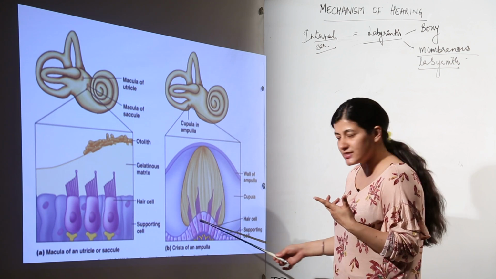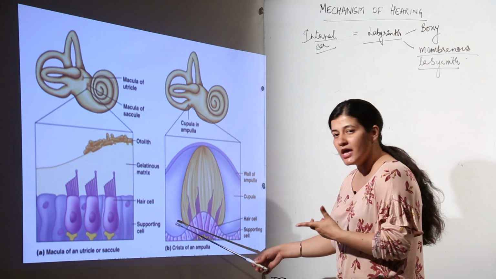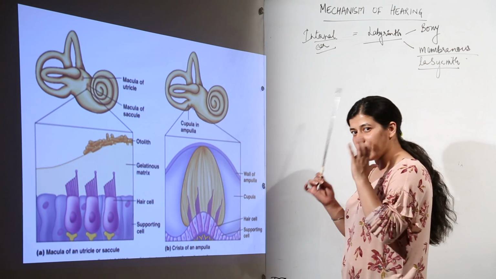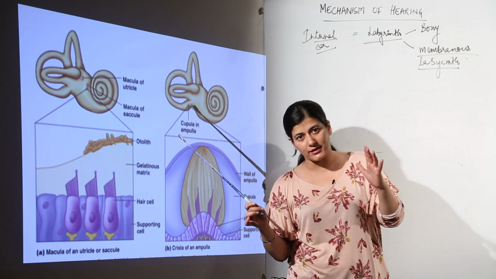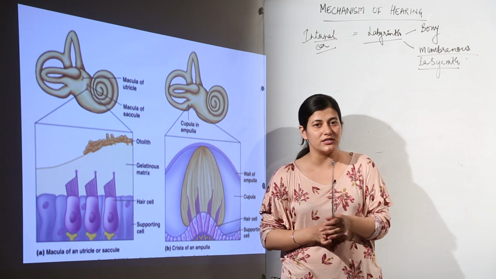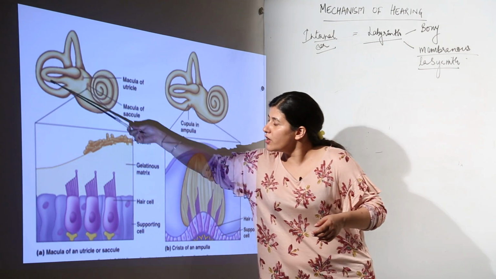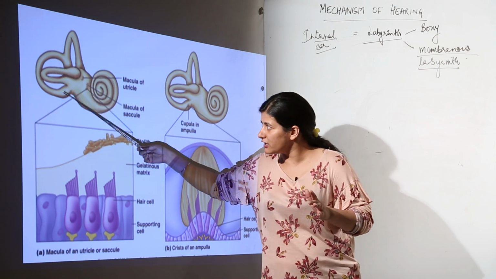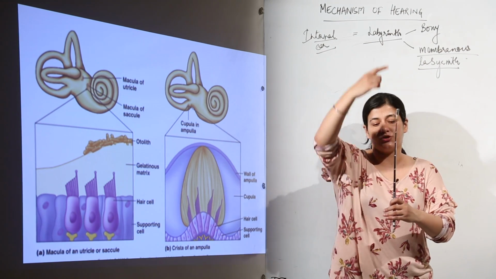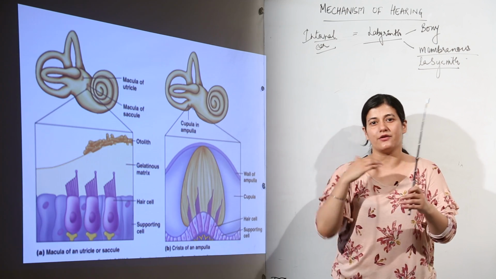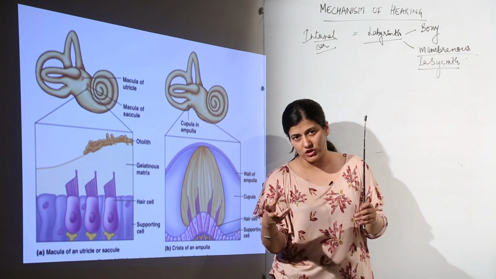Now this ampulla's crista ampullaris also has hair cells. If the hairs are moving like this, we will be able to maintain the equilibrium in this posture. We also have the equilibrium like this, and like this, that is to be maintained. So whatever the orientation the semicircular canals have, if it is to be represented like this, we said that they are represented in three axes of a three-dimensional representation.